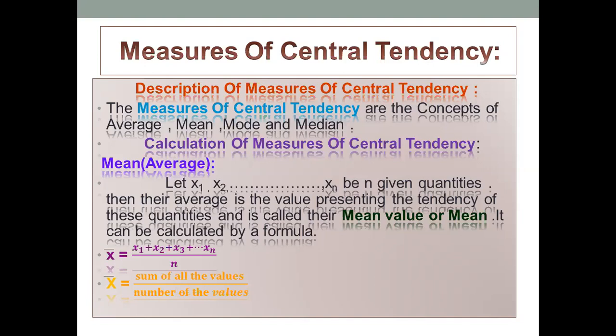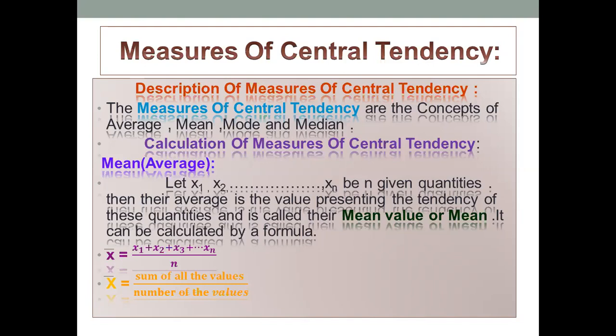Calculation of measures of central tendency. First we calculate the mean. Let x1, x2, up to xn be n given quantities, then their average is the value representing the tendency of these quantities and is called their mean value or mean. It can be calculated by the formula x bar. We represent the arithmetic mean by x bar, capital X with a line over it, which is called a bar.